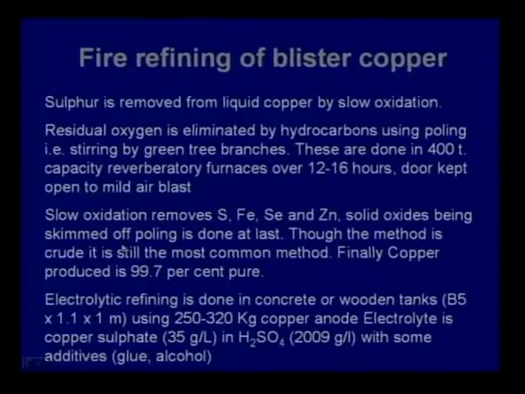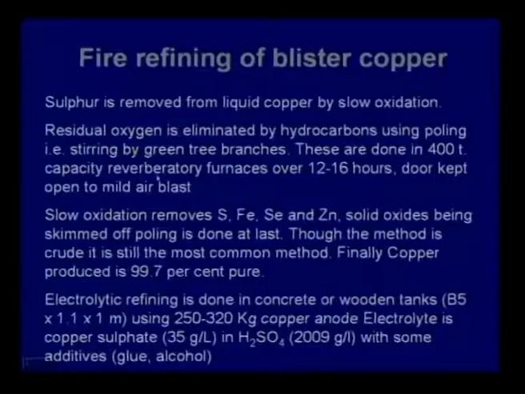So, initially we allow a lot of oxidation of the bath for many hours, and oxides keep on floating to the surface and they are skimmed off. We allow all the impurities mentioned to get oxidized and removed.